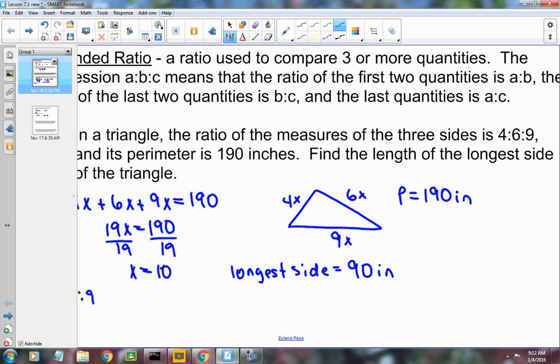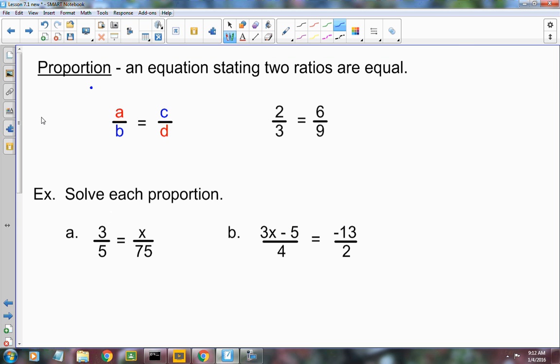All right. Now I'm going to talk about proportions. A proportion is an equation that states that two ratios are equal to each other. And so we have A is to B as C is to D. To solve a proportion, or to determine if it's a true proportion, we do what's called the cross product.